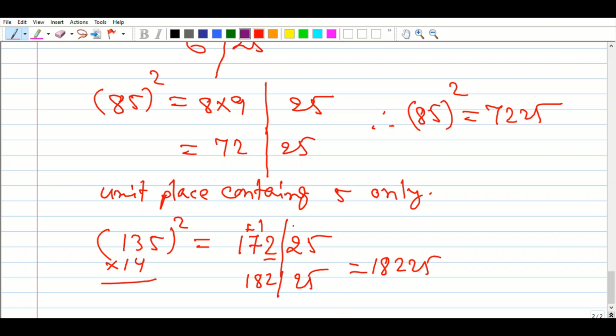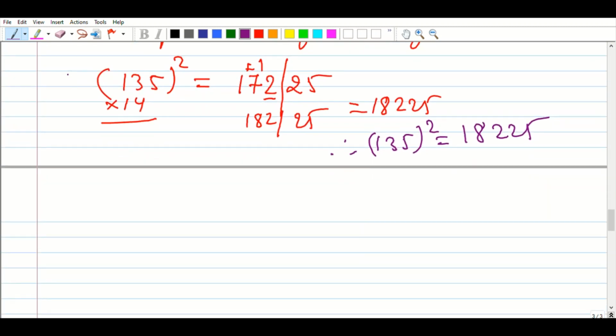Therefore 135 square equals 18,225. Somewhere, explain the terms.